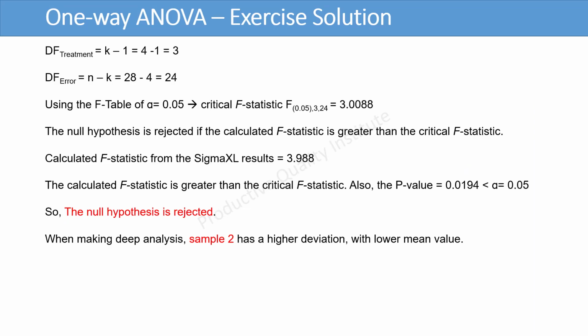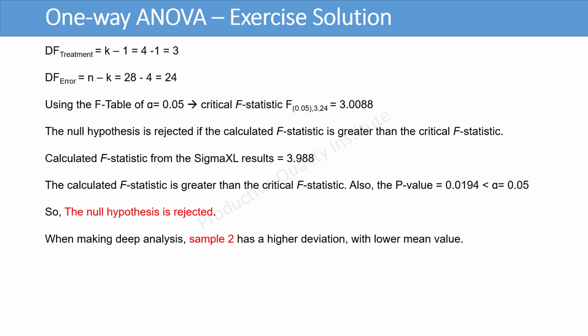DF treatment is equal to K-1, which in our case is 4-1, equal to 3. DF error is equal to N-K, which is 28-4, equal to 24. Using the F table of alpha equal to 0.05, the critical F statistic, F of 0.05, 3, and 24, is equal to 3.0088.